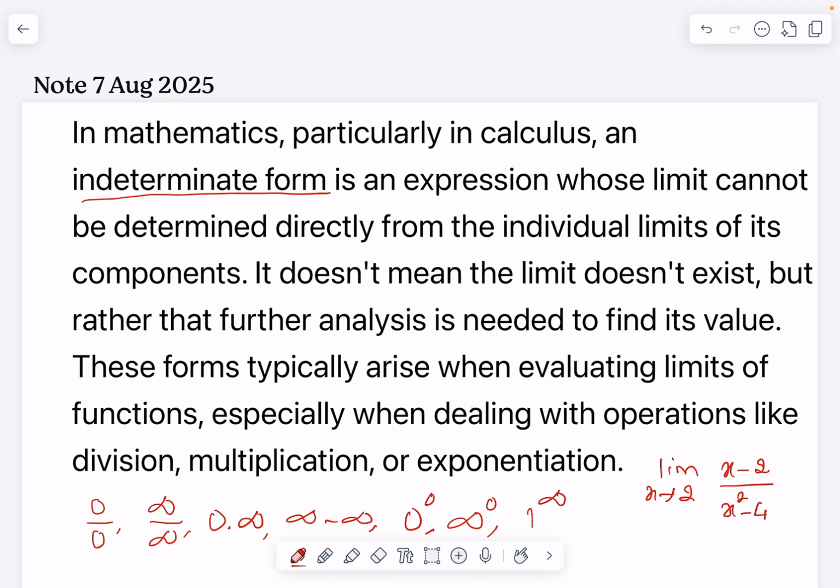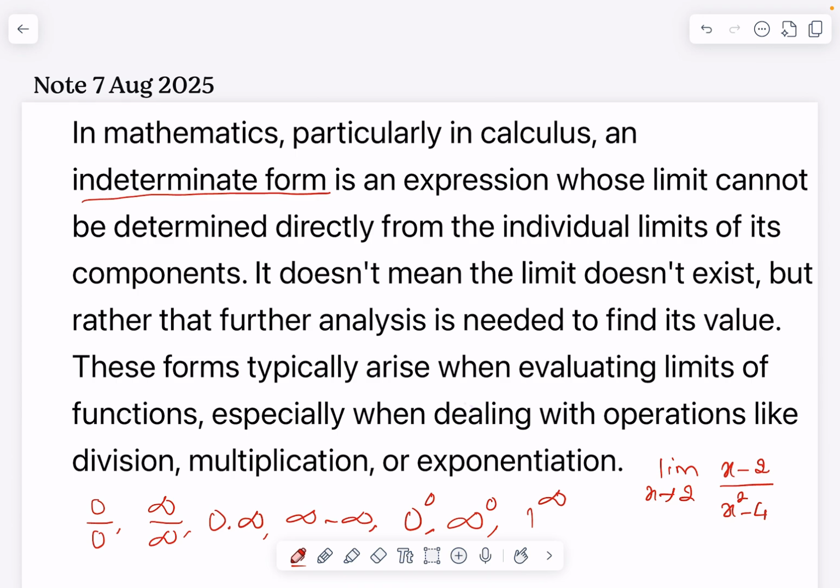So you cannot find it directly by plugging in the value x tends to 2. But it doesn't mean that the limit does not exist; rather, we need some further analysis. Either we have to factorize or do something else. In this case we can factorize and cancel out the term, and we can find the limit.